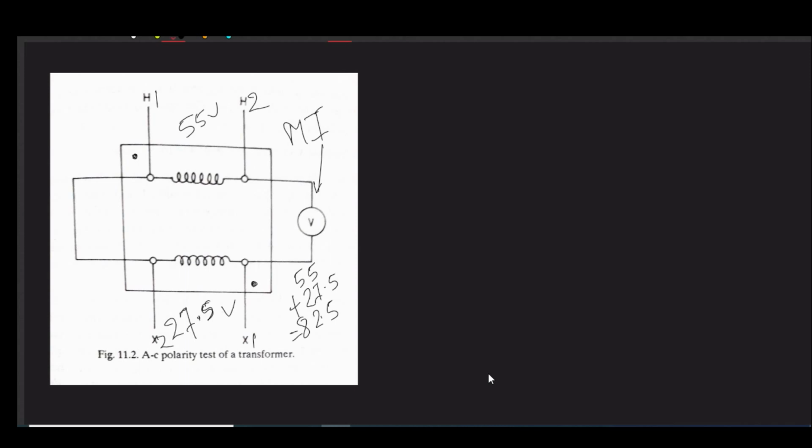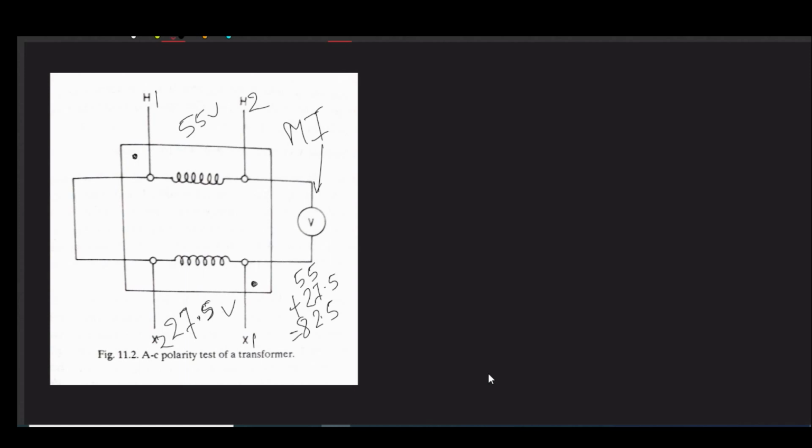But you don't even have to measure the exact voltage. Let me tell you one more simple approach.